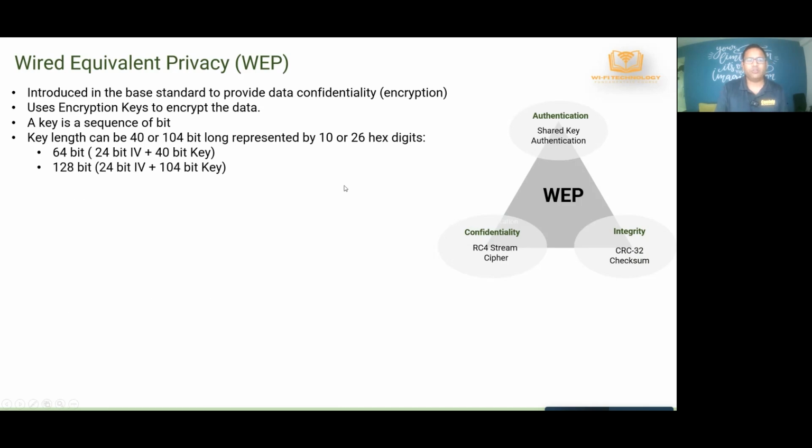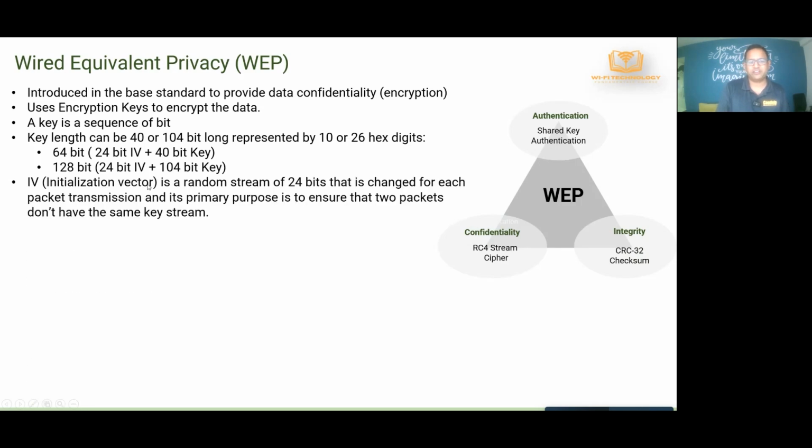And if you're doing a 104-bit key, then you have 128 bits, because you add another 24 bits as the initialization vector. So an initialization vector is nothing but a random stream of 24 bits that is changed for each packet transmission. And why is this important? This is important because remember that we are entering one key, just one WEP key inside the device, the access point, and the same WEP key here.